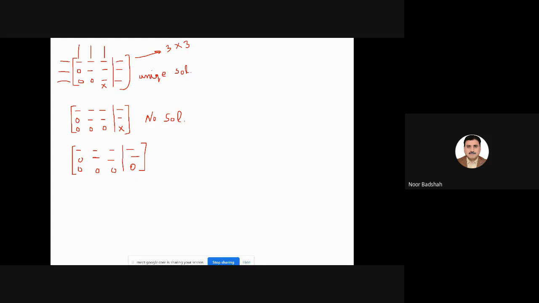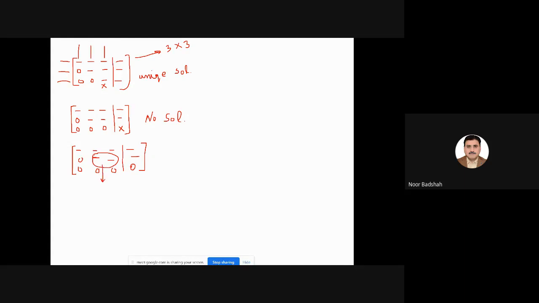If at least one of these two is non-zero, right? This one is non-zero or this one is non-zero, then the system will be having many solutions.